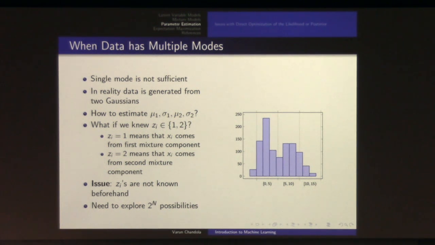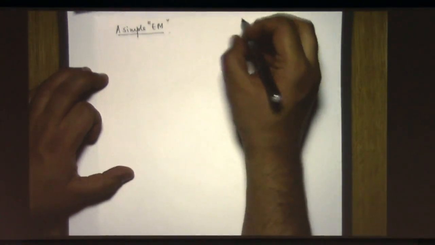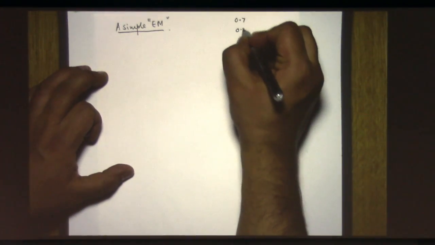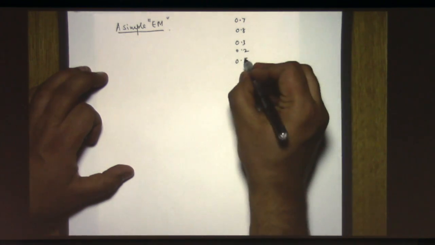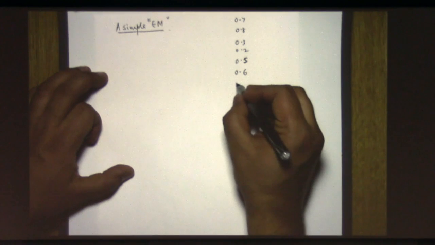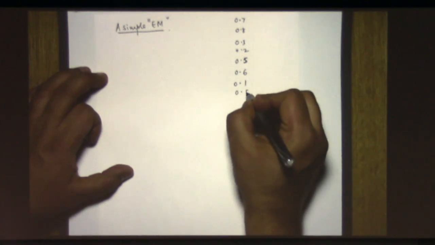One way to do that could be a simple EM. Let's say this is your training data: 0.7, 0.8, 0.3, 0.2, 0.5, 0.6, 0.1, 0.5, 0.2, 0.3. Let's say this is my axis.